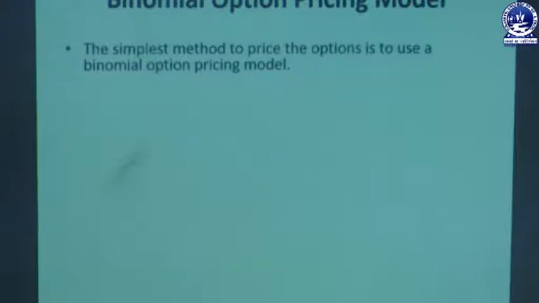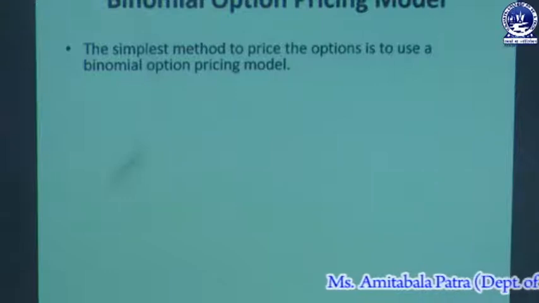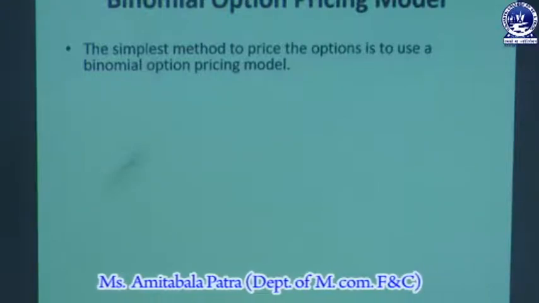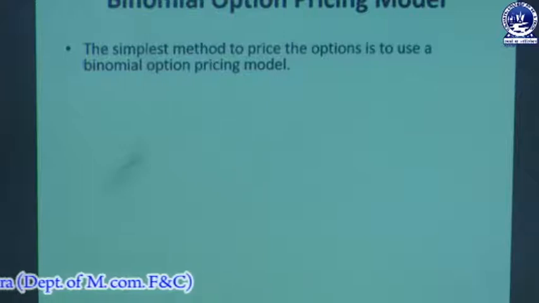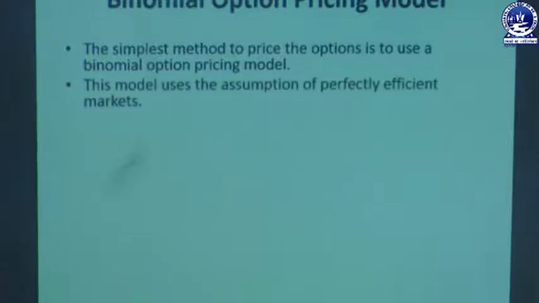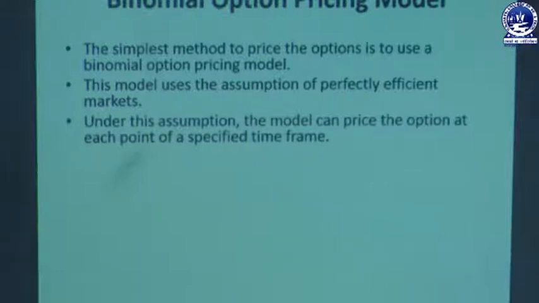The simplest method for the pricing of options is the binomial option pricing model, and this model uses the assumption of perfectly efficient markets. So, this model assumes that the market is perfectly efficient, and in that the binomial option model is executed.